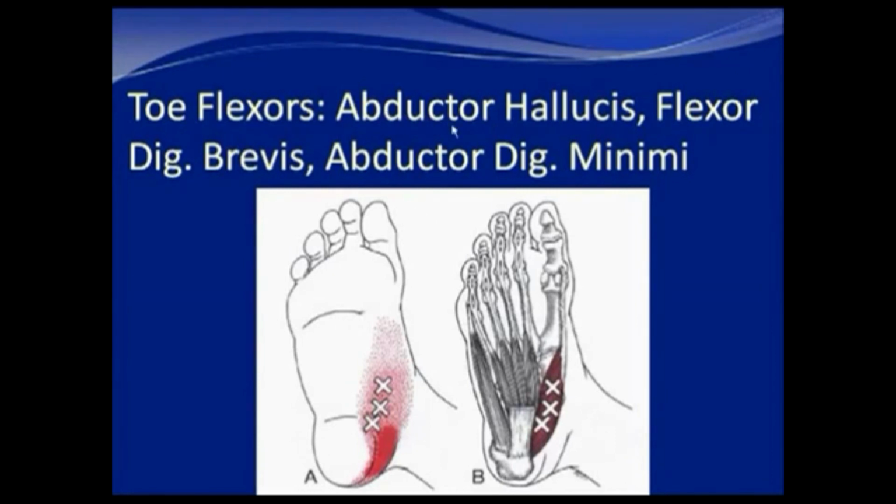You can have the abductor hallucis, which is this muscle right here that abducts the big toe, and the flexor digitorum brevis, which is this muscle here with flexor tendons that go to each toe and attach at the calcaneus, and will frequently give you irritations here if the muscles are tight, which is very similar to where the plantar fascia will give you irritation when it has micro tears.